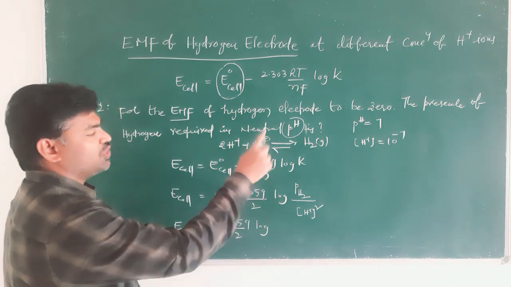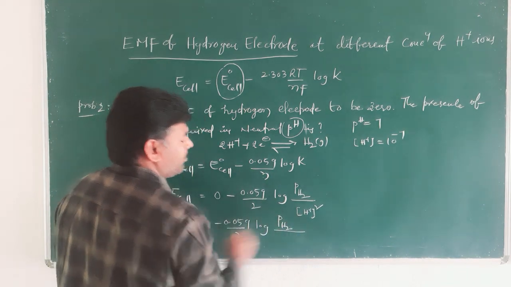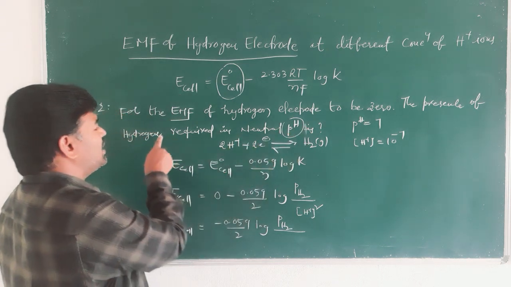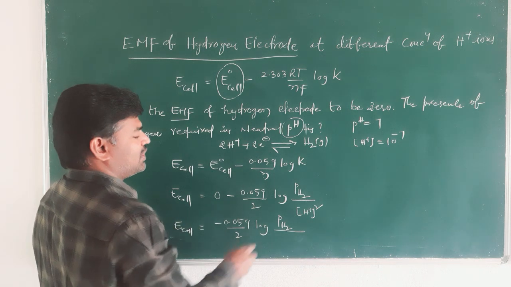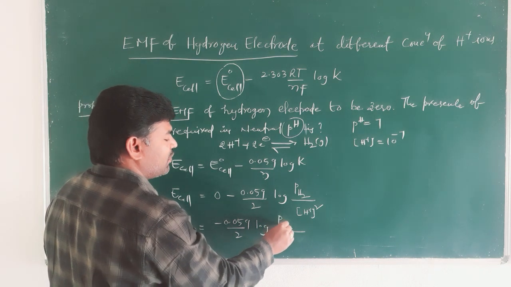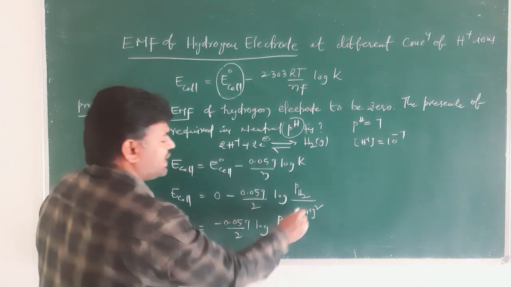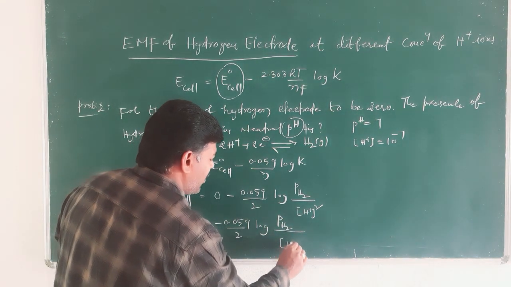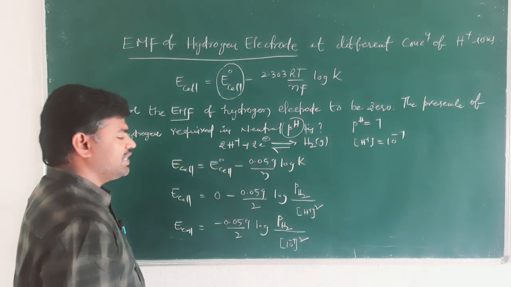So, we need to substitute that value, that is, we need to calculate the pressure of hydrogen required in neutral pH. We need to calculate the partial pressure of H2. So, the concentration of H plus ions is 10 power minus 7, squared, right.